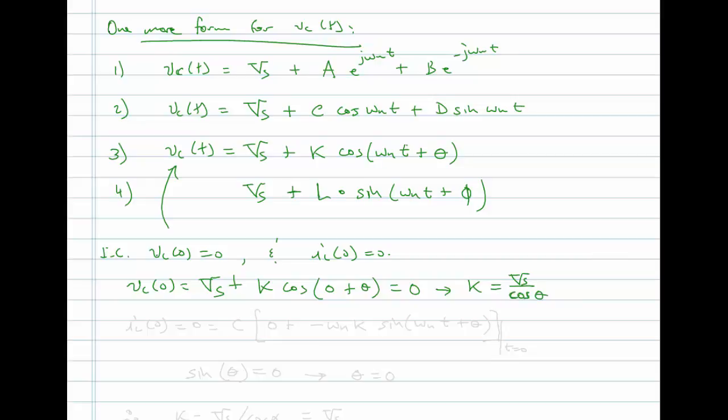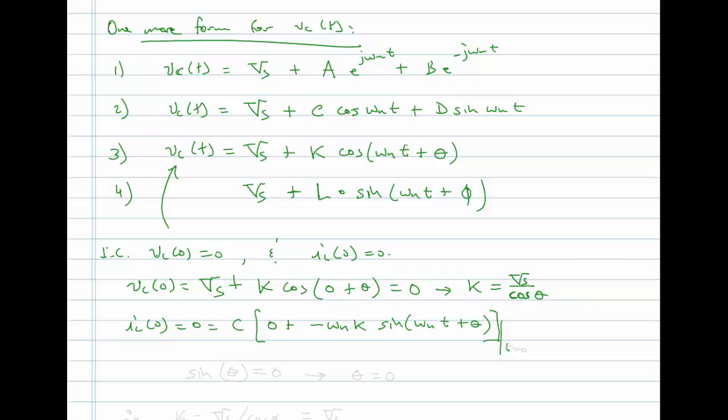Then let's try IL of time 0 is equal to 0, which is equal to C times the derivative of all this, so we'll get the derivative of Vs is 0, plus the derivative of K cosine omega n t plus theta, which is going to be minus omega n K sine omega n t plus theta.